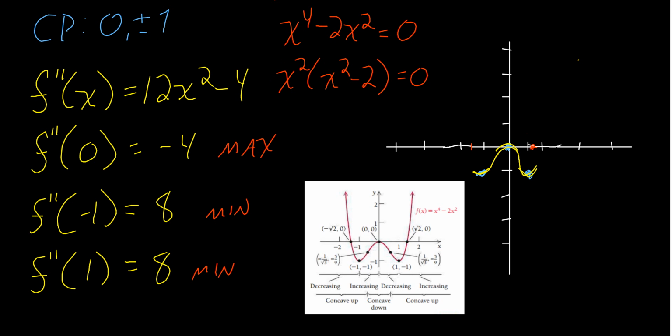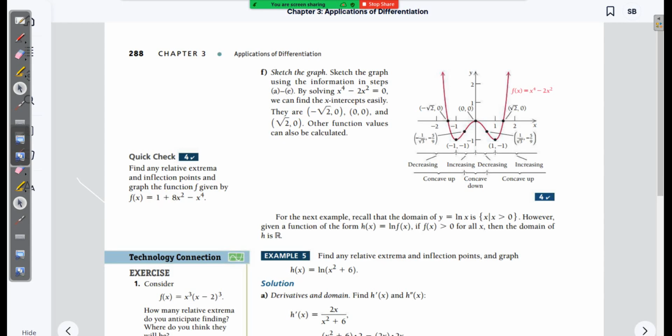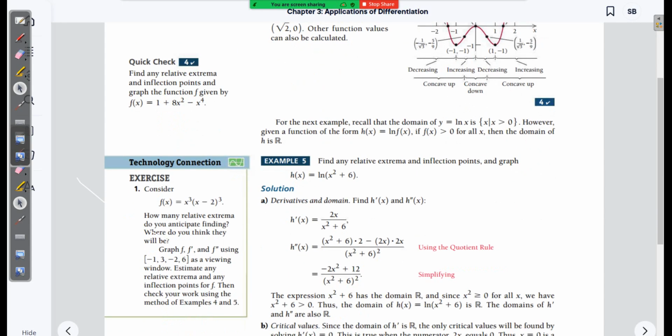Now we can shoot through. Close enough. But anyways, that's how we sketch a graph. We have all the information we need, and of course, with technology, you can graph this on your own. But if you didn't have it, there you go. The last example, it's not as nice and neat.